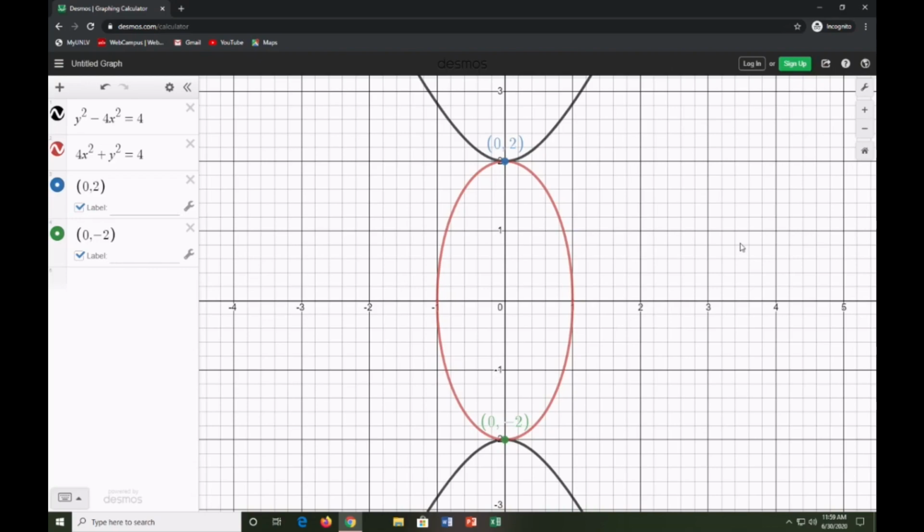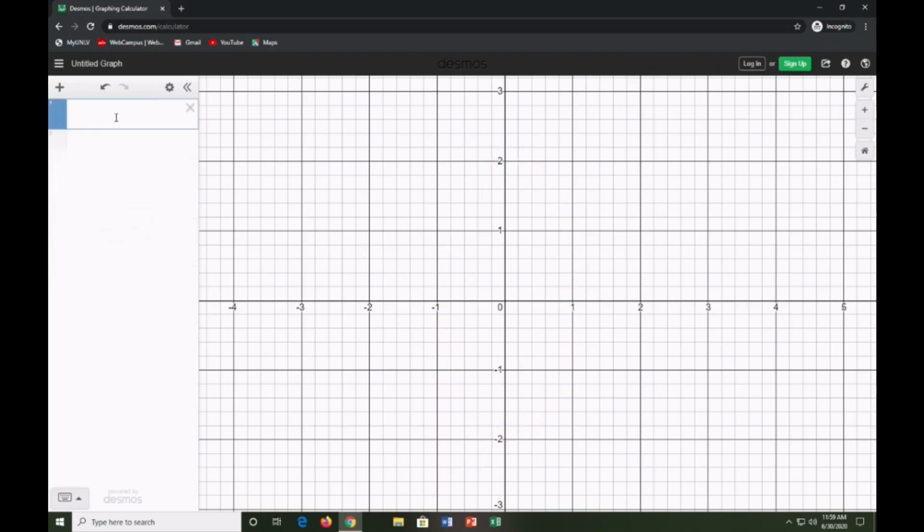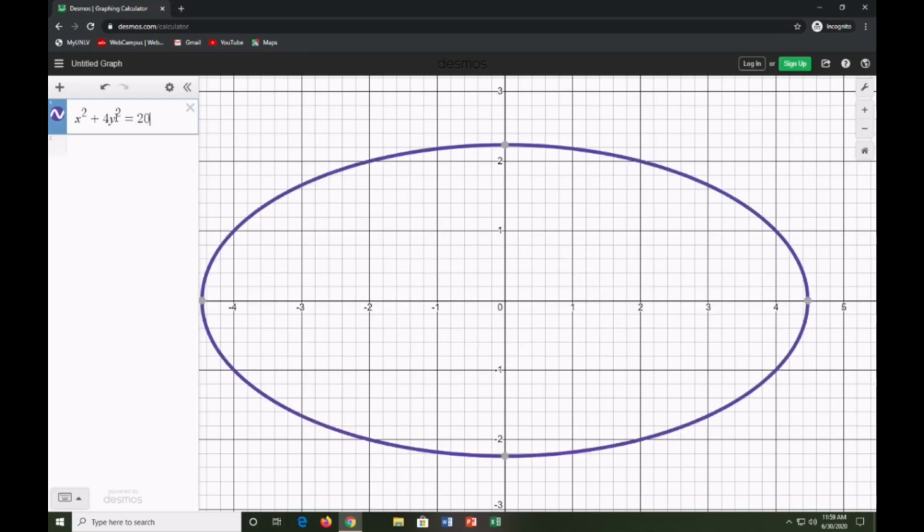We have another system of nonlinear equalities. Let's also graph that. We have x squared plus 4y squared equals 20. Let me zoom out.